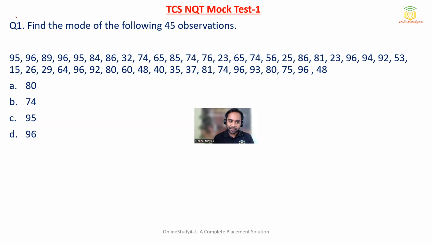Next, problem number one: find the mode of the following 45 observations. Friends, this is a question from statistics, and multiple times I have told you statistics is one of the very important topics for your TCS examination. In statistics you will mainly be able to find the mean, mode, and median.